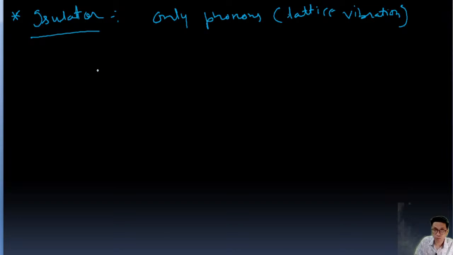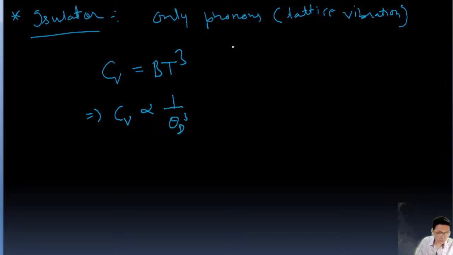So in that case, for an insulator, CV is going to be B T to the power 3, right? And this implies CV is proportional to 1 upon theta D cube, since B is proportional to 1 upon theta D cube.